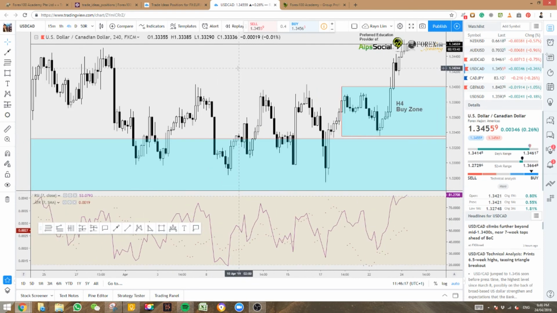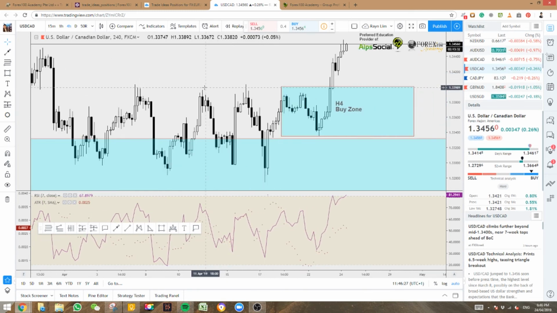Half an hour later, you pull up the same chart, assuming no movement, and ask them what's the trend again. They may even give you a different answer. There is no consistency to it. So in Forex 100, we have very defined rules, whether it is trending or not trending. It will make it so simple that there will be no second opinion, apart from how you read the chart.